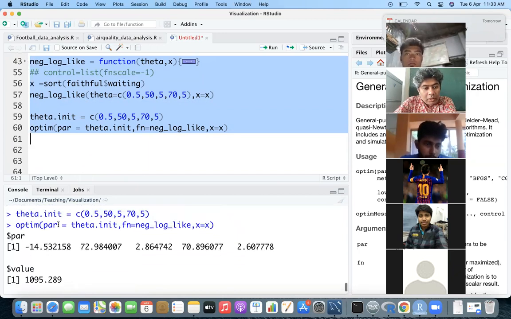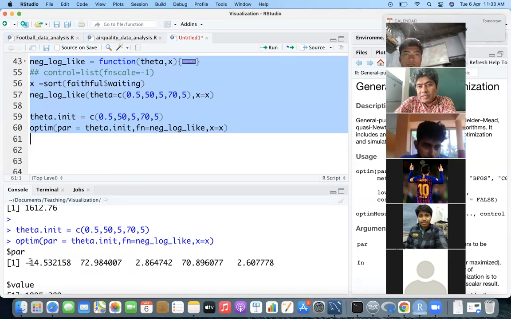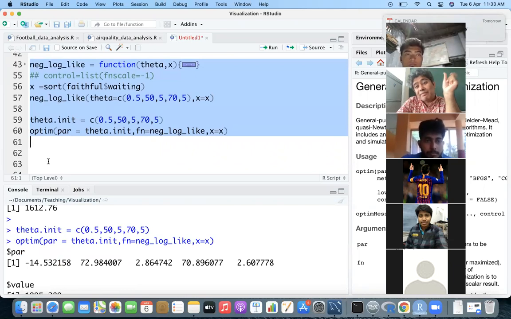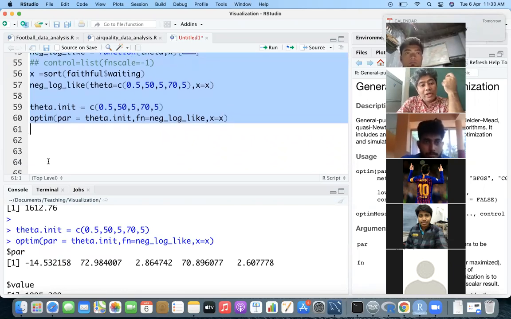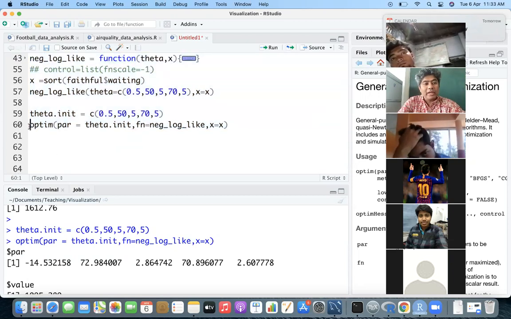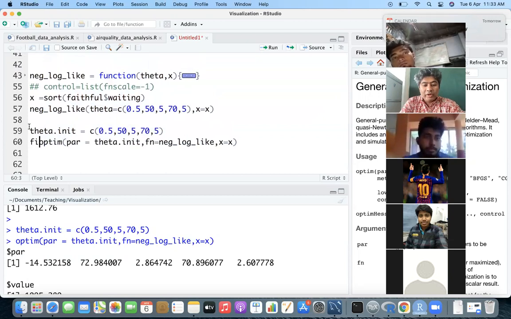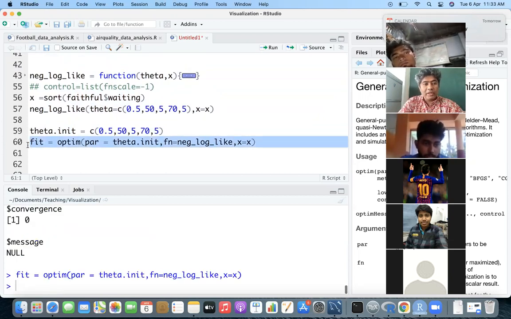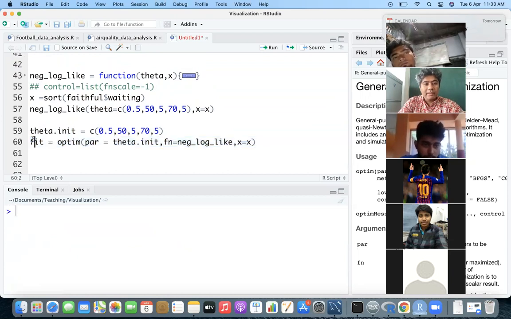But now P is -14, because remember that it is not the P it is estimating, it is still theta. So in order to estimate P hat correctly, what we have to do is something like this. So I will set fit equal to this, and I'll run it like this, and then I have all these values.